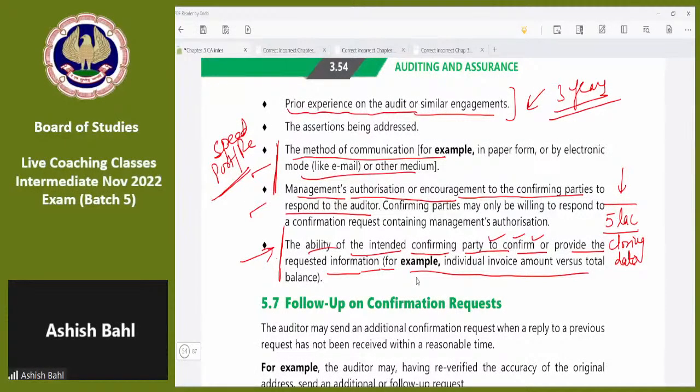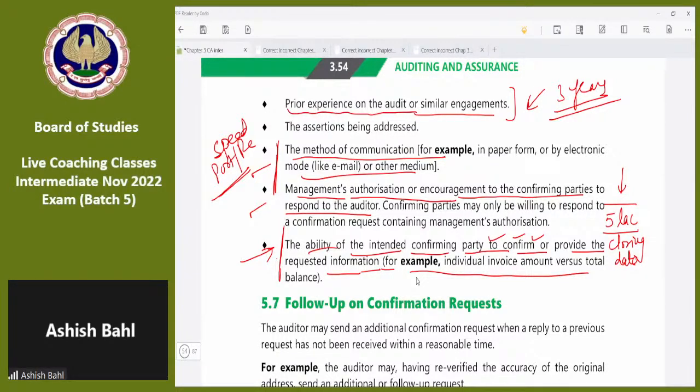Now Ayush is asking why specific risks of material misstatement are to be considered for sending external confirmation requests. Obviously, Ayush, that is a very important factor.